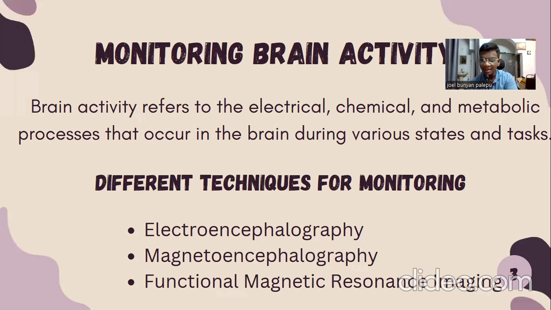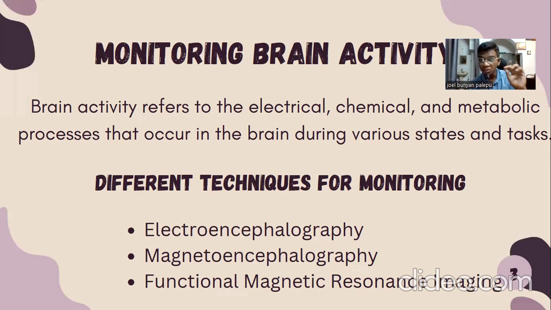So functional magnetic resonance imaging works on this biological principle. The part of the brain that is the most active will basically need more oxygenated blood. So more oxygenated blood will flow towards the part that is most active for a process, right?